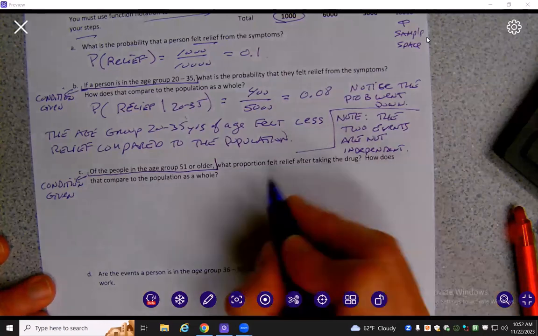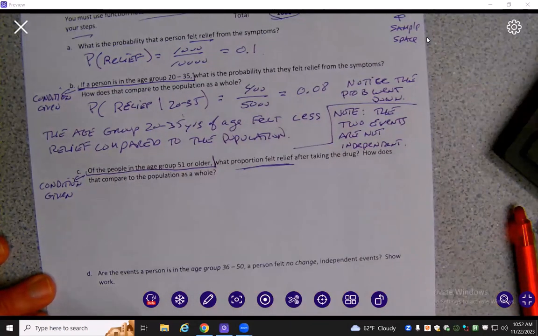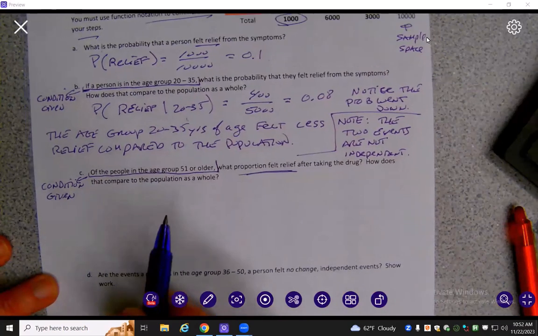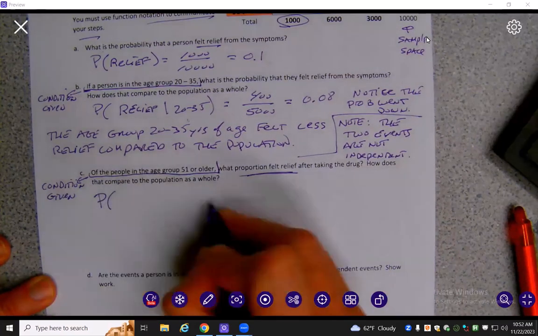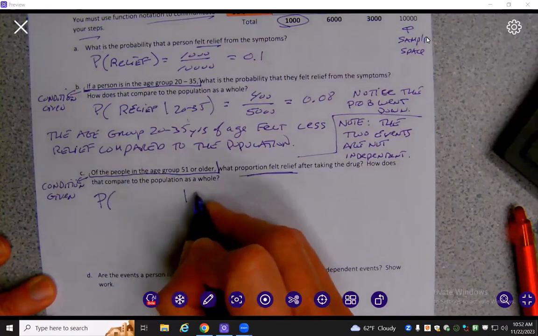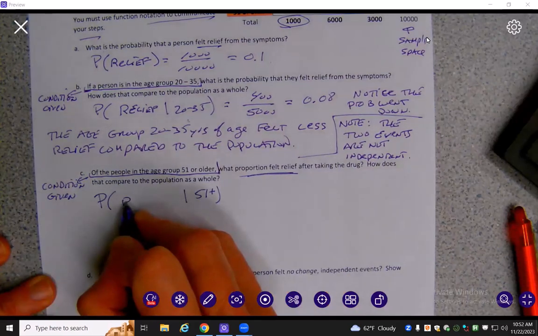And the question is, what proportion felt relief? So again, we're not talking about everybody, just the people in that age group. So what the question is talking about is to concentrate only on 51 or older. And what I want again is relief.